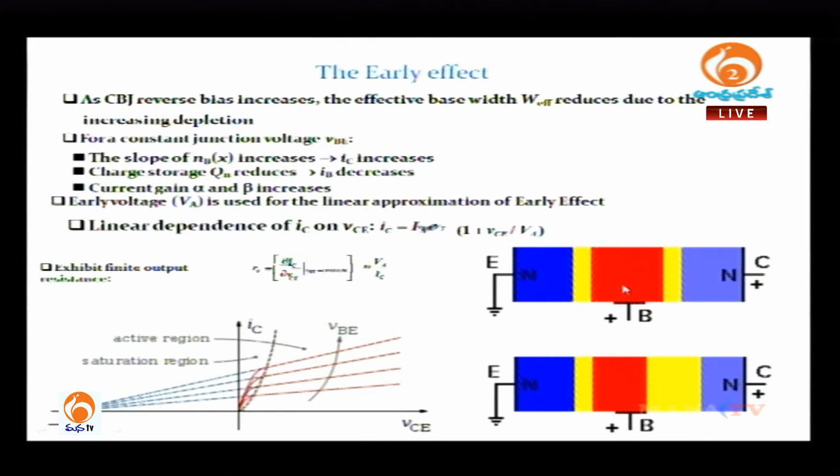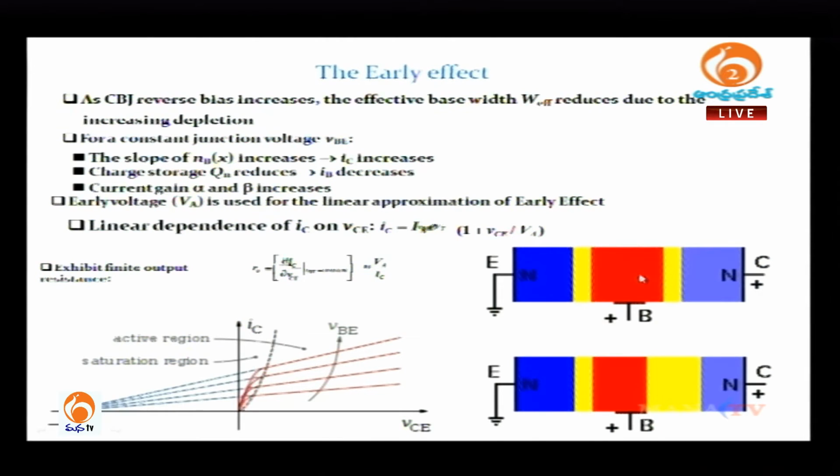Whenever junctions are formed, holes and electrons combine crossing the junction, and a depletion layer is formed, which has a barrier potential. The same thing happens at the collector junction also, but when we apply forward bias, this depletion layer reduces, and if we apply reverse bias, the depletion layer extends.